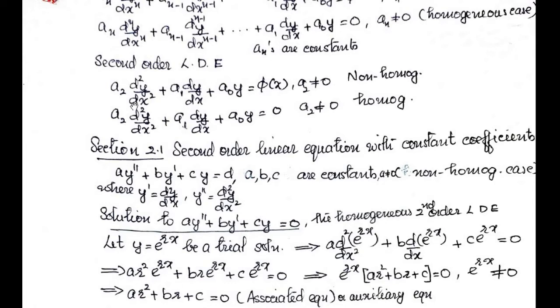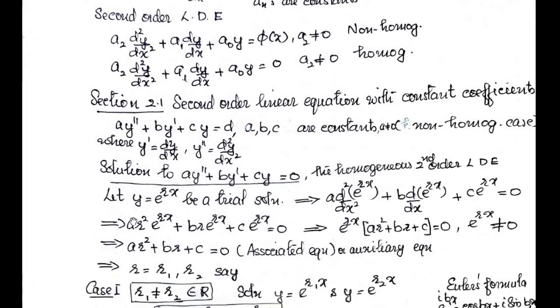So, let us consider the second order linear differential equation a y double dash, that is a into d square y by dx square, plus b y dash, b into dy by dx, plus c y equal to d, where a, b, c are constants and a is not equal to 0.